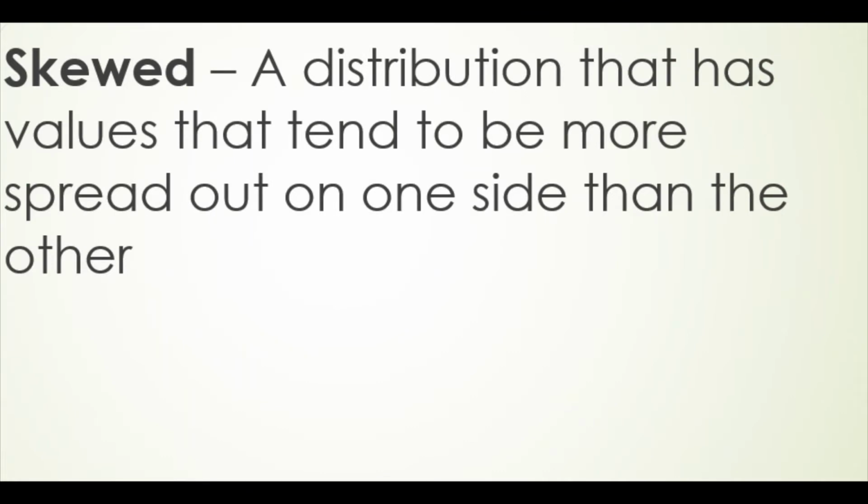On the other hand, a skewed distribution has values that tend to be more spread out on one side than on the other. So a left skewed distribution has values that are more spread out on the left side, and a right skewed distribution has values that are more spread out on the right side.